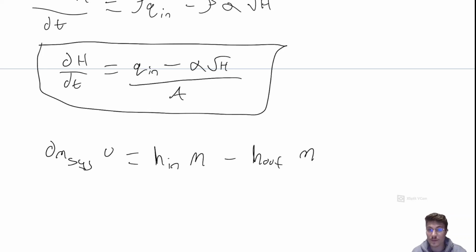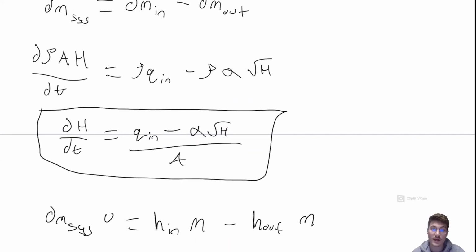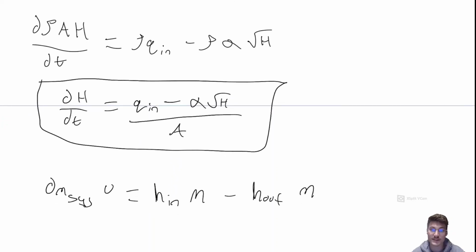Then we can do kind of the same thing: apply what we did above and substitute with the density times the volume, which is the area and the cross-sectional height and everything like that.